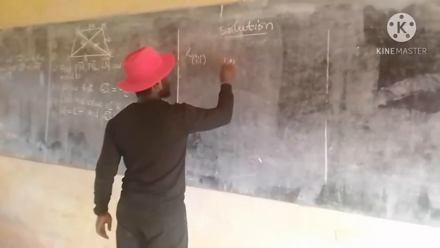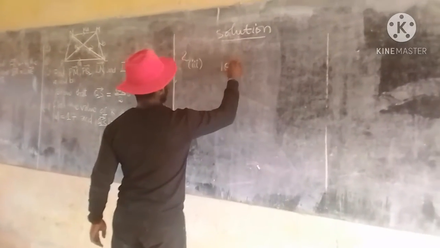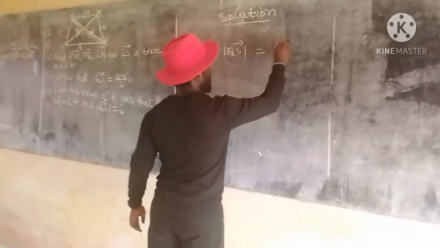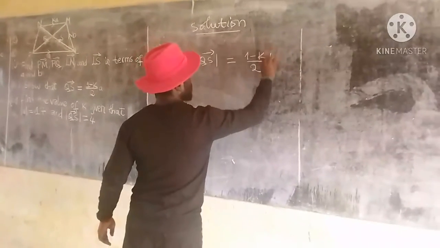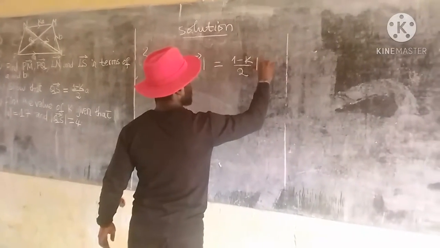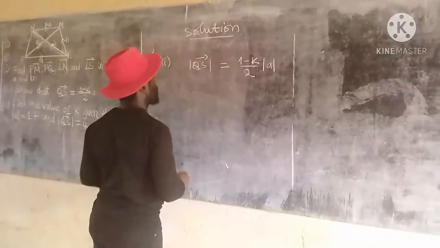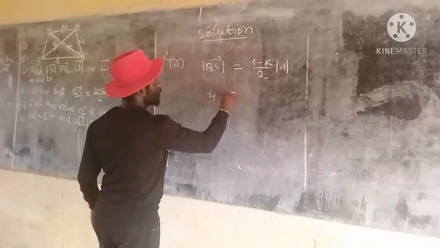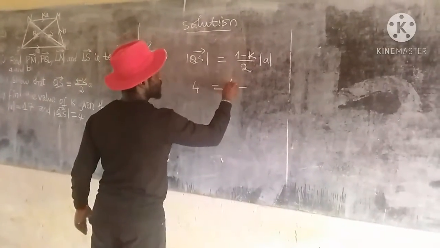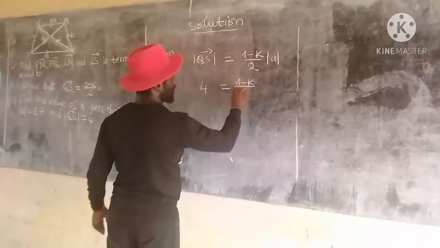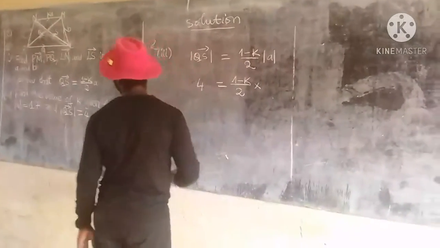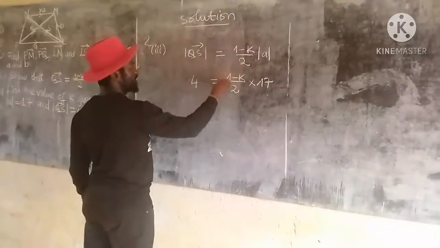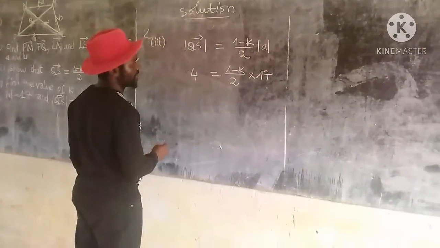So we have QS equal to (1 minus K) divided by 2 multiplied by the absolute value of small a. Now we have 4 equal to (1 minus K) divided by 2 times 17. We need to solve for K because it is the only unknown.